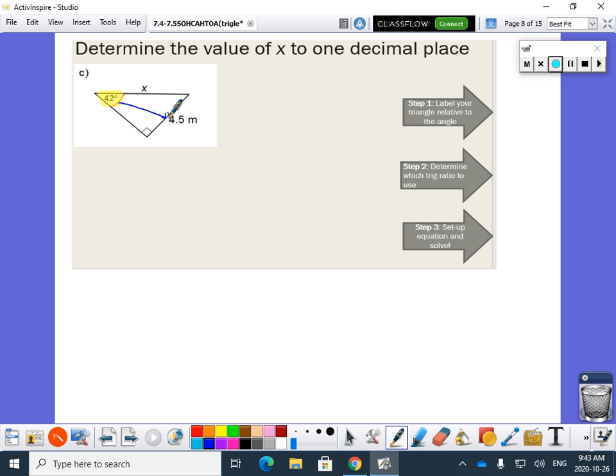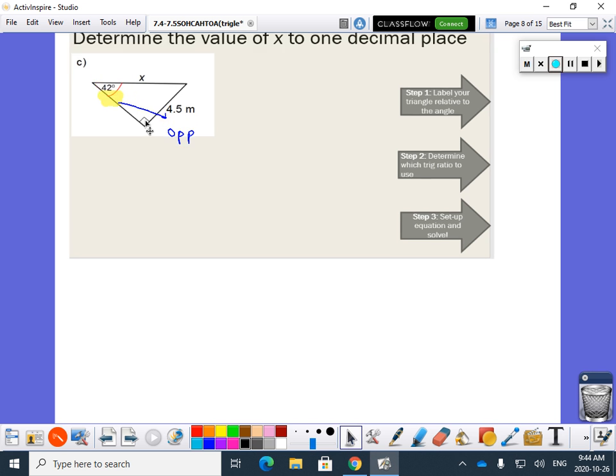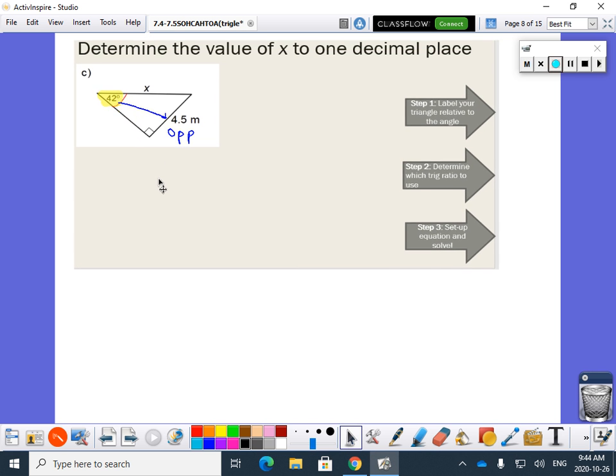If this is our angle and this is the opposite side of the angle, what is this? Good. And if this is the side next to it, what's it going to be called? Oh, sorry. No, that's wrong. Nope. That's my bad. Because this is the right angle, this is going to be good.